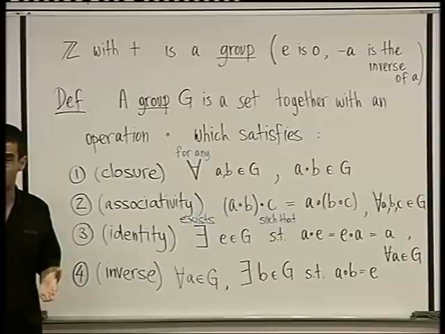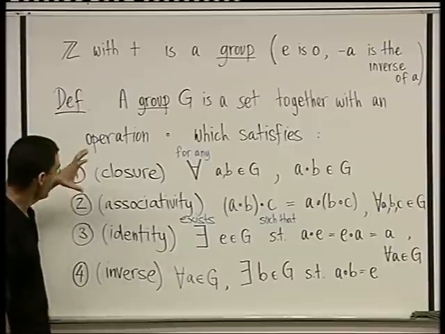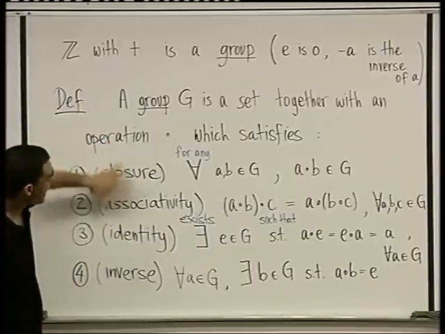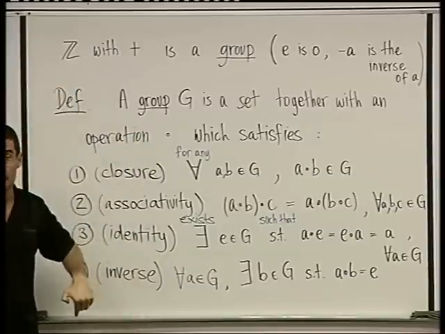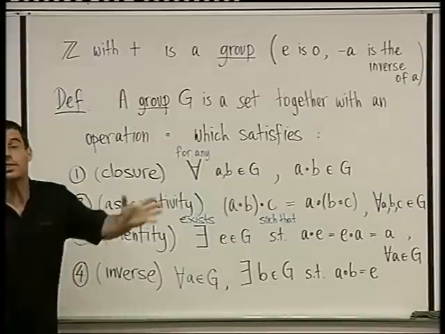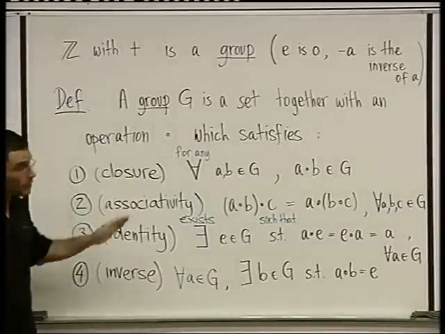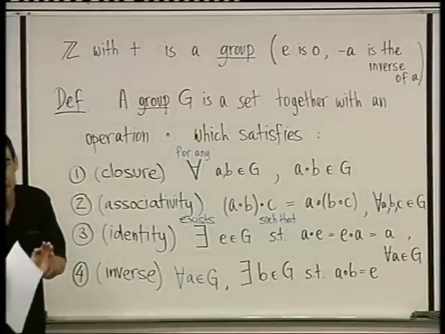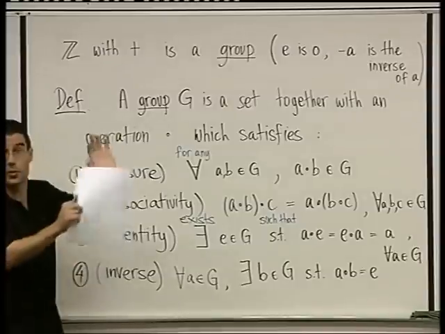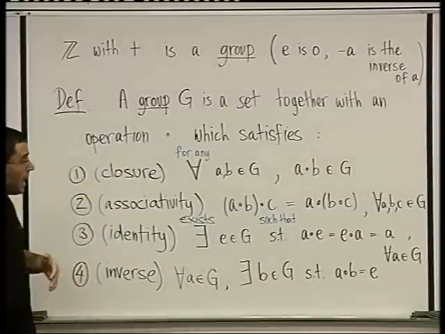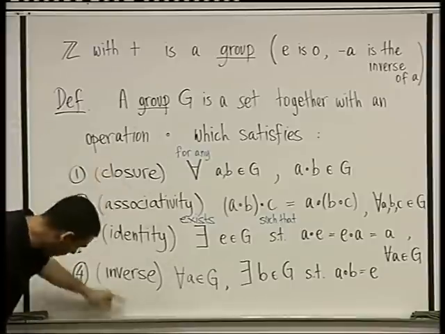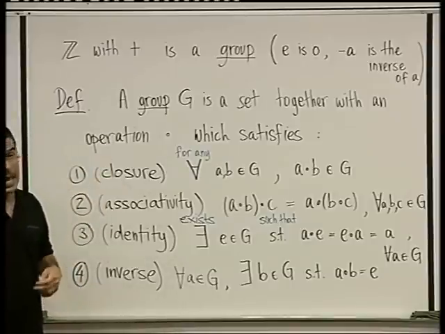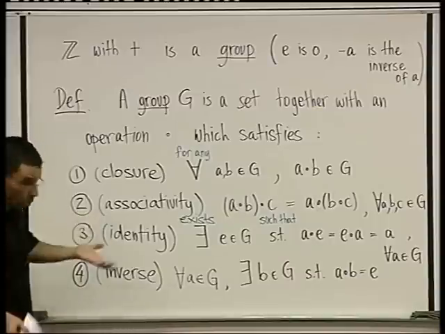And that's true, okay? So in this case, I'm defining an abstract thing that Z is an example of, but Z is something more, in fact. And we're not going to discuss it here. This is only a first course in algebra. But Z is in fact something called a ring, which has more properties and more structure.